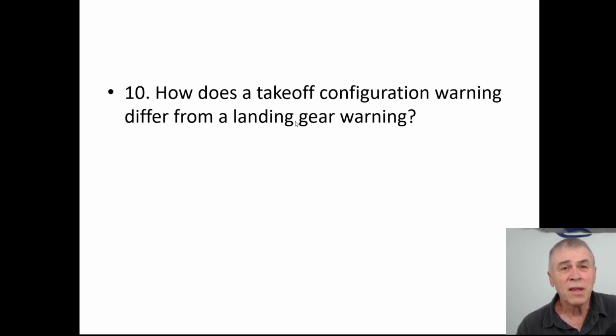So landing gear lets you know that your landing gear is down, mostly for landing, and takeoff is mostly takeoff. It measures different systems like the flaps, slats, speed brake. What else was it? The other ones too.